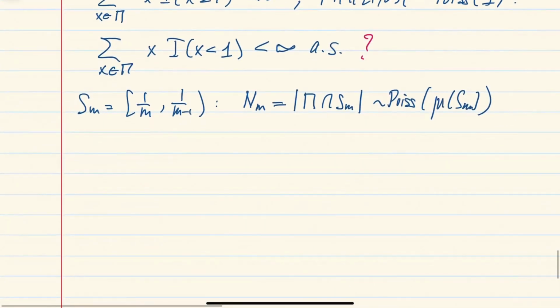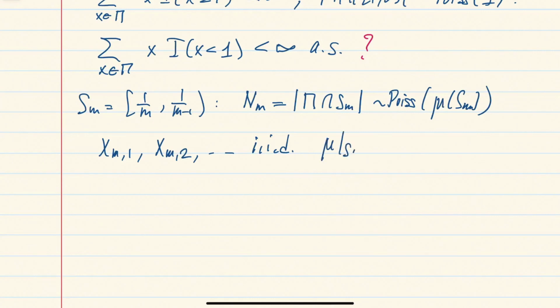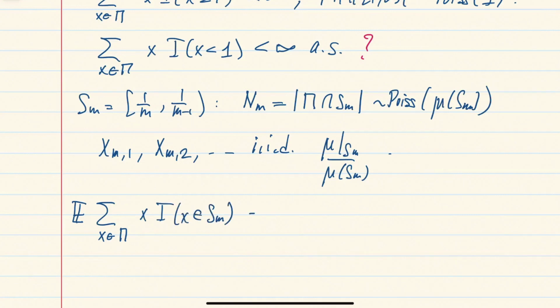And the points themselves can be generated as an IID sequence from the measure mu restricted to this set, scaled by the measure of this set. So when we write the sum of points in our Poisson process that fall into this set Sm, we can also represent this by definition as the sum of a Poisson number of IID points.